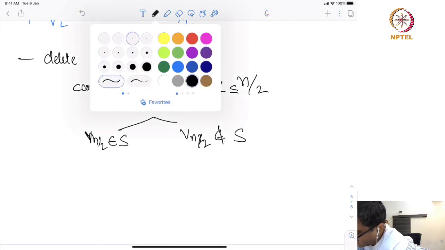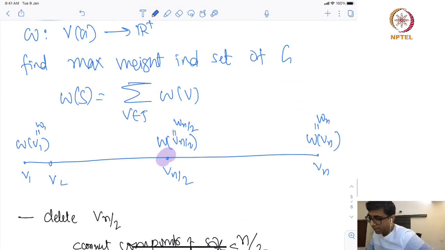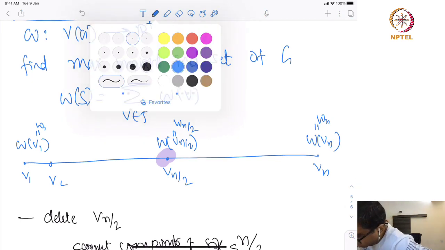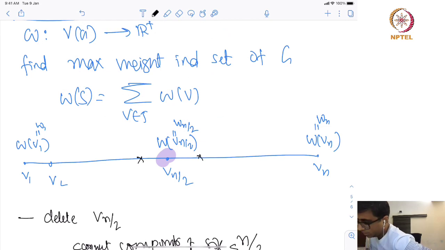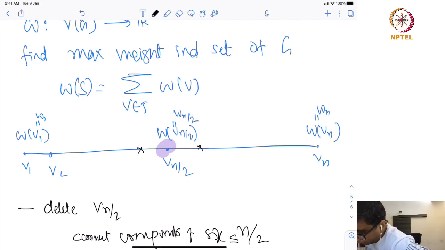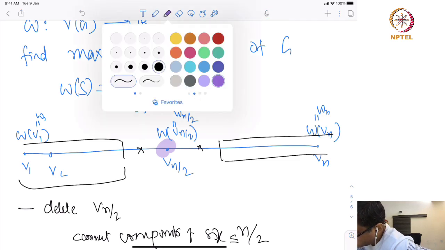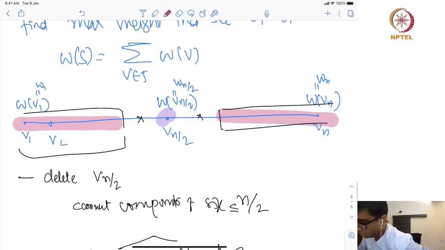So now what happens in this case? If v_{n/2} is in the solution, then you are looking to find a maximum weight independent set without its neighbors. So suppose these are its neighbors on the path, okay? Then you are trying to find a maximum weight independent set up to here and from here, in these two components.